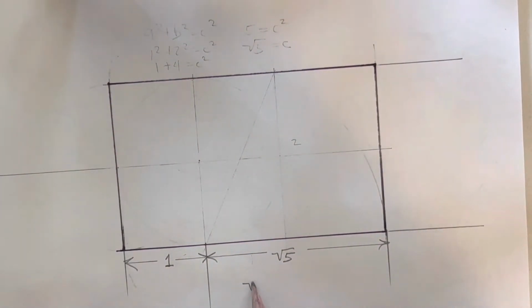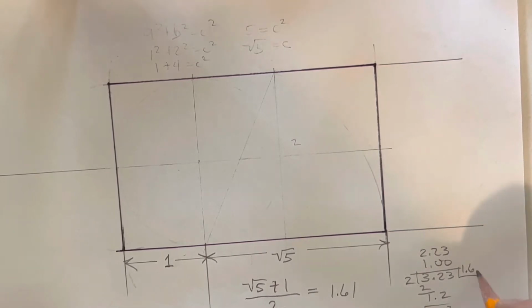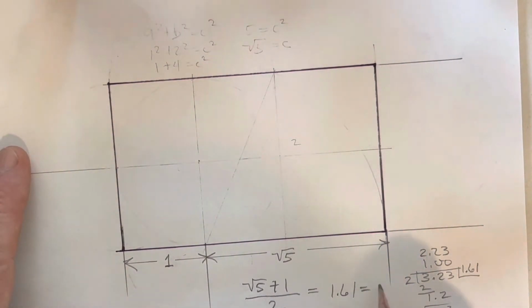So now this is the square root of 5 plus 1 divided by 2 gives us 1.61. That's the square root of 5 is 2.23 plus 1. That's 3.23 when you divide that by 2. We get 1.61. That's the number equals phi, or 5, in the Greek alphabet.